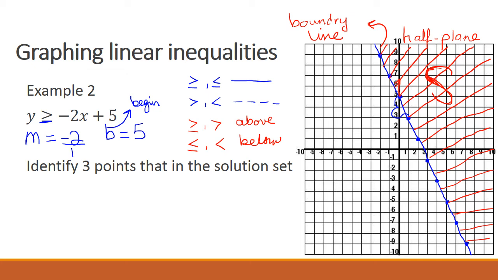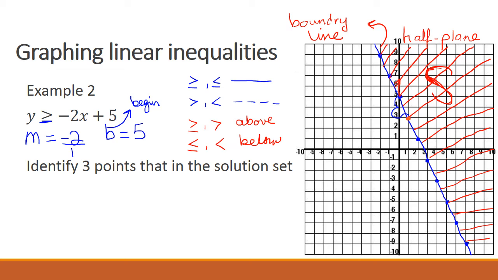Now, in the previous example, we were looking at 3 points. We were looking at 1, 3. So 1, 3 is right here on the boundary line. And this point, based on the graph, is supposed to satisfy the inequality, which it did. Now, the second point was 5, negative 1.